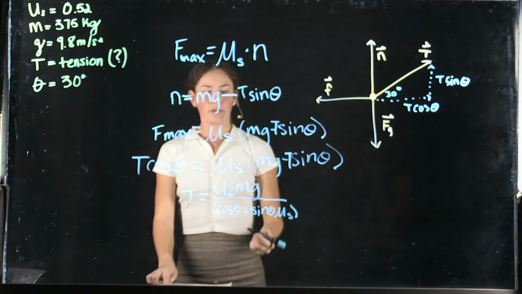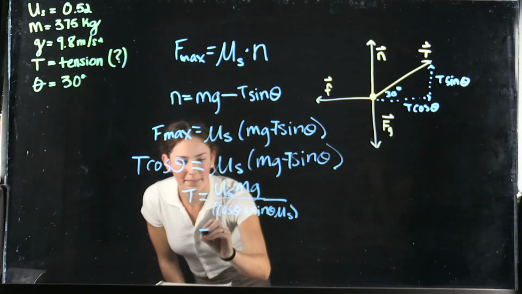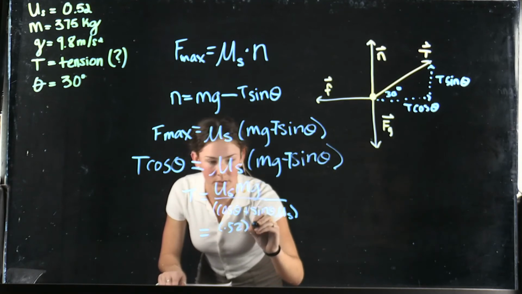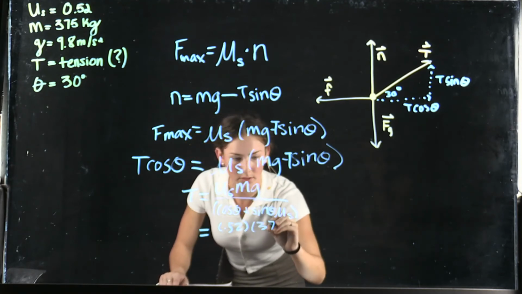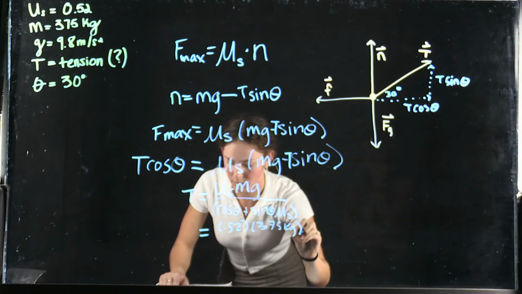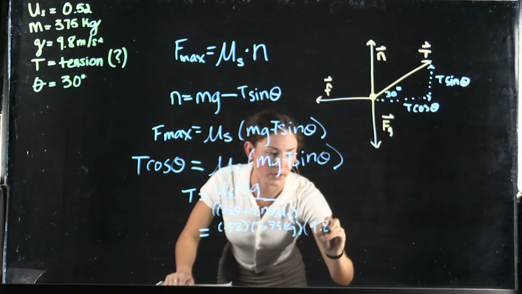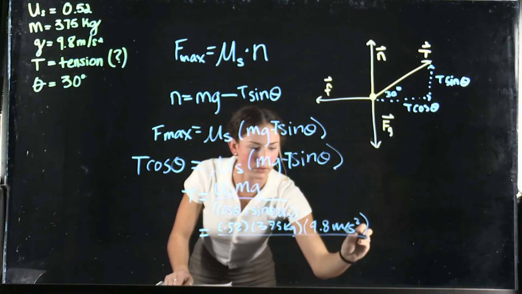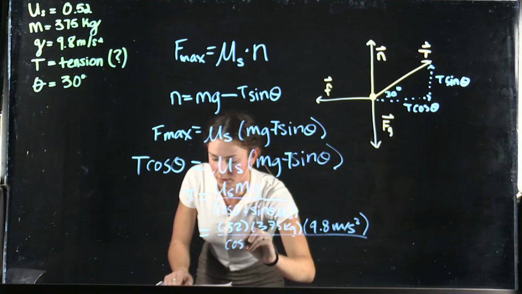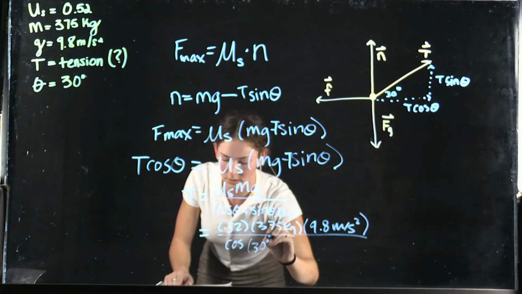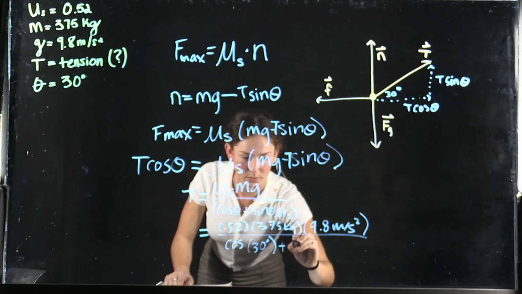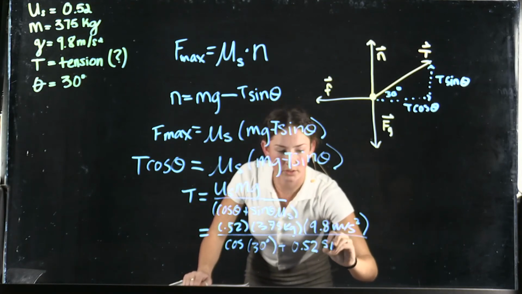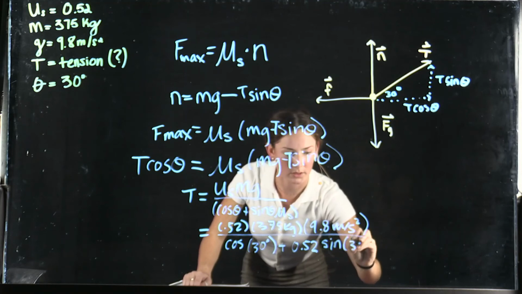So now all we have to do is plug in our knowns. We have 0.52, 375 kilograms, 9.8 meters per second squared, all over cosine 30 plus the coefficient times sine 30.